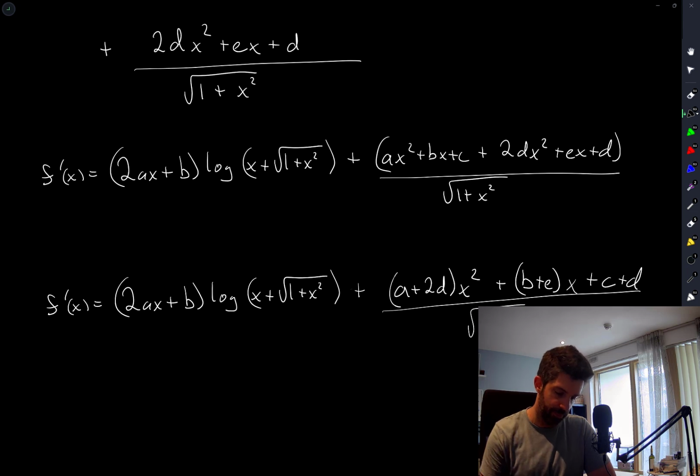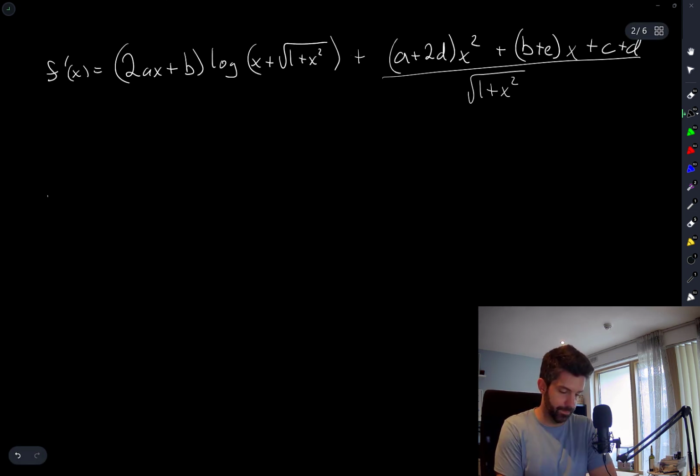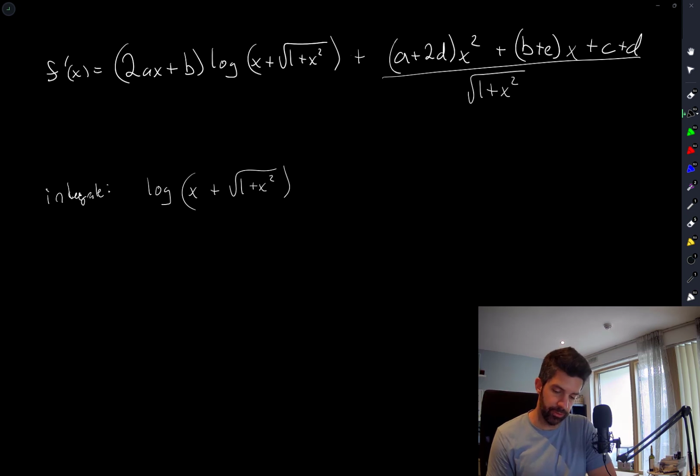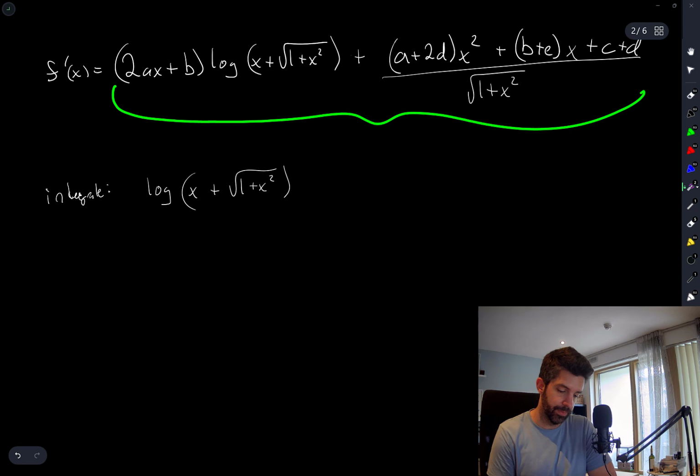Okay, so now if we want to integrate this function that we're given, I want to choose, as I said earlier, a, b, c, d, and e such that this is equal to that.